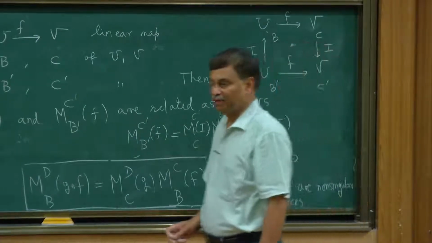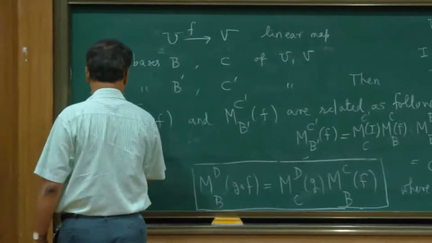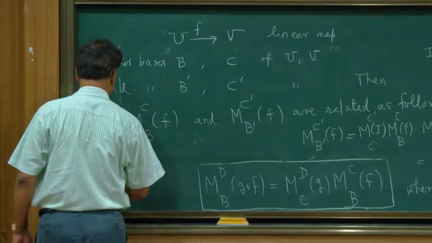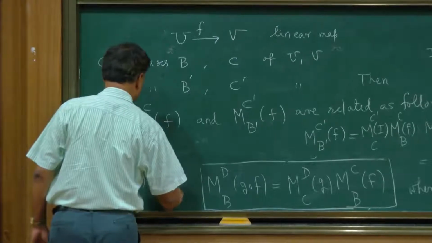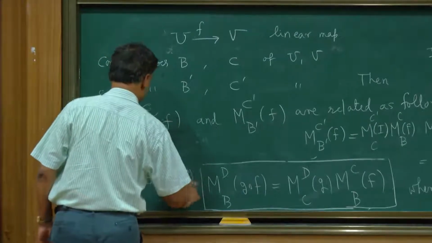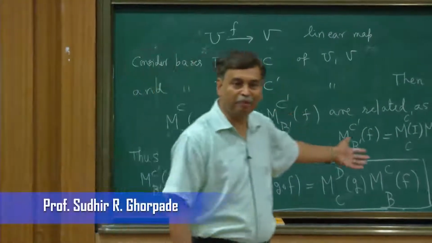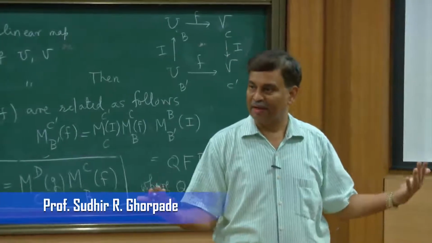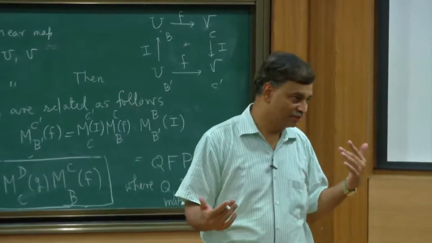In other words, these two matrices are equivalent to each other. These two matrices are equivalent if one can be obtained from the other upon pre-multiplication and post-multiplication by non-singular matrices of appropriate sizes, right.